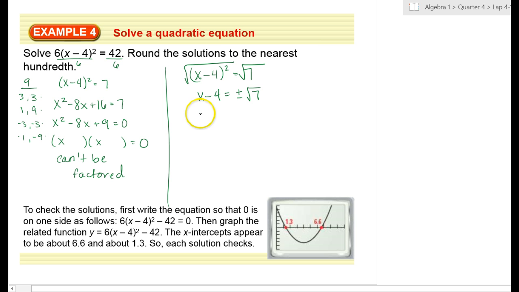Solve for x. X equals, I'm going to add 4, but I'm going to put it in the front. 4 plus and minus square root of 7. Well, what this plus and minus means is I'm considering the positive version and the negative version. So x is equal to 4 plus square root of 7, and x is equal to 4 minus square root of 7.